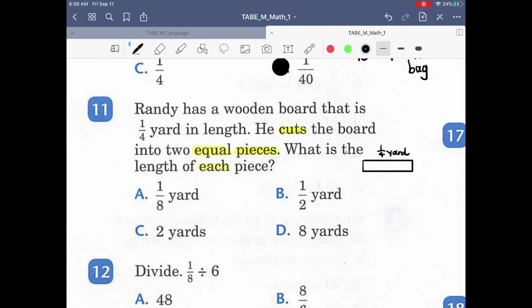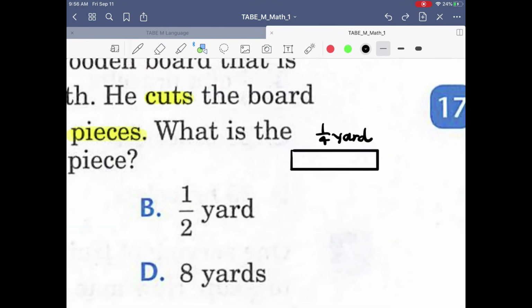So there's the board that we know to be 1/4 of a yard. And he cuts that board into 2 equal pieces. So he makes a cut at the halfway mark that I'm just not getting to work here. There we go. So he cuts the board into 2 equal pieces, and we want to know the length of each piece.